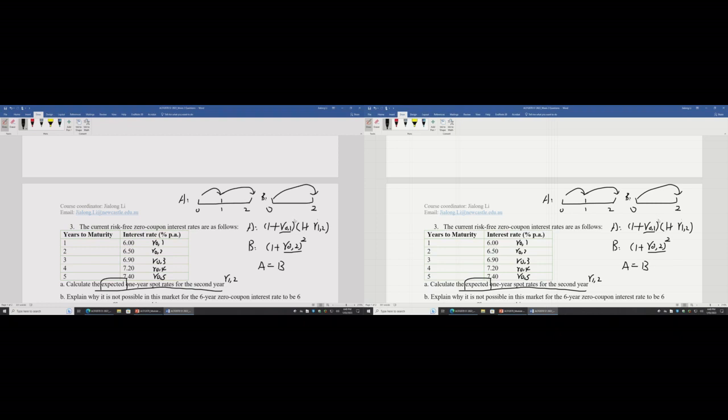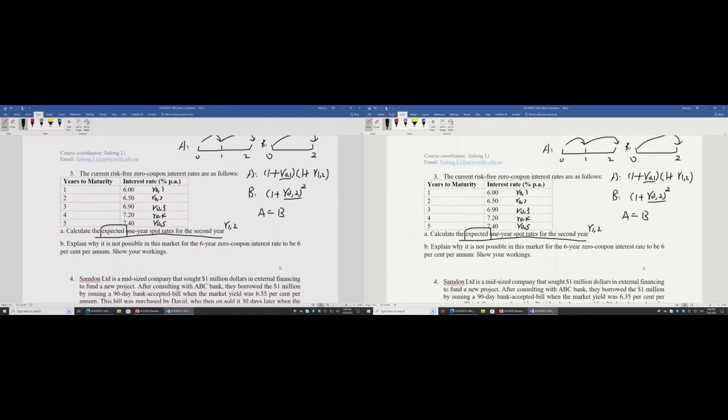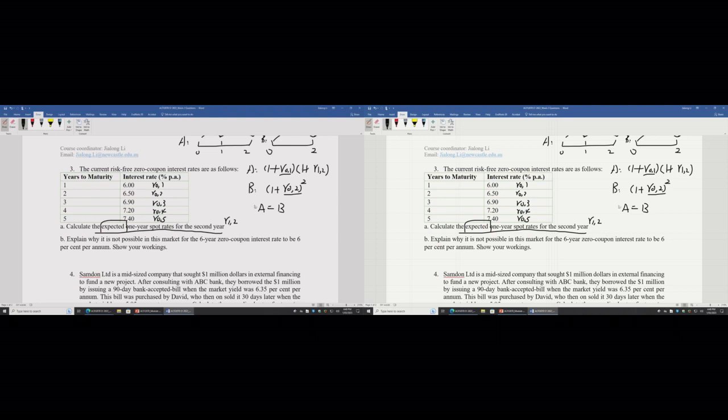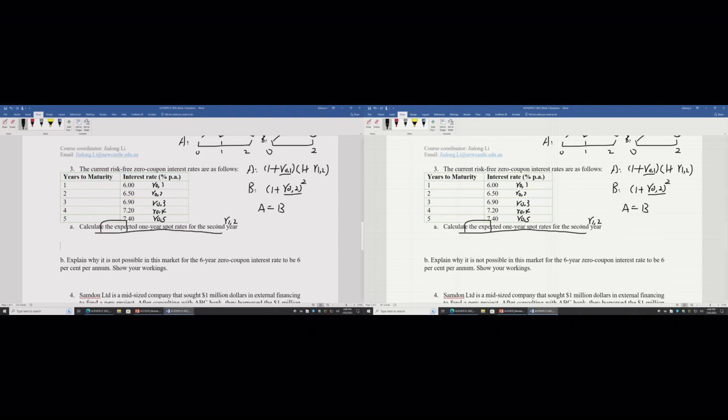Let me just show you. So that will be 1 plus 6%, times 1 plus R12, equals 1 plus 6.5% to the power of 2.